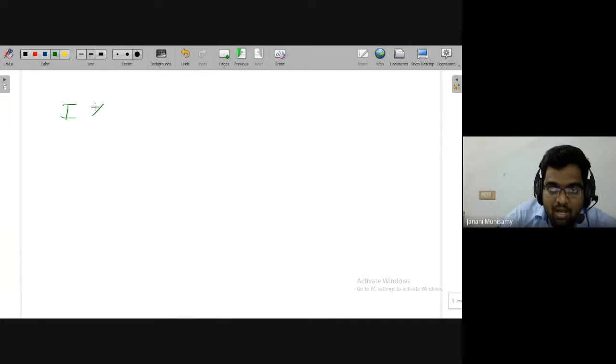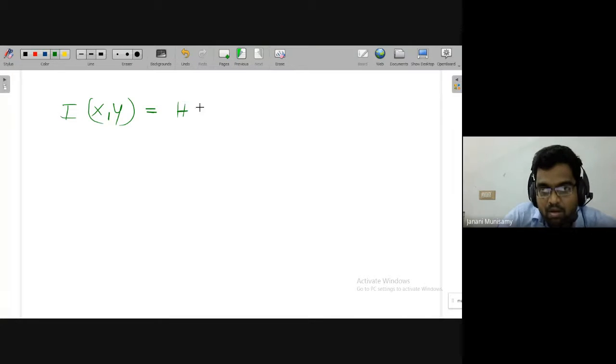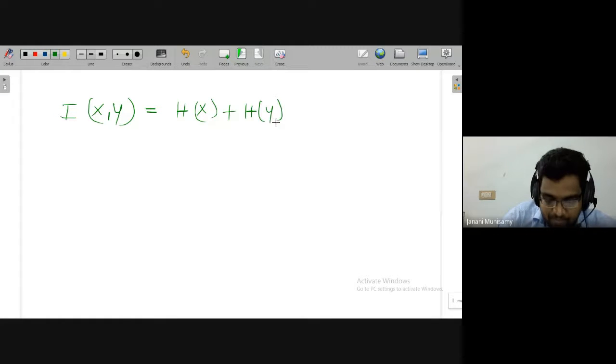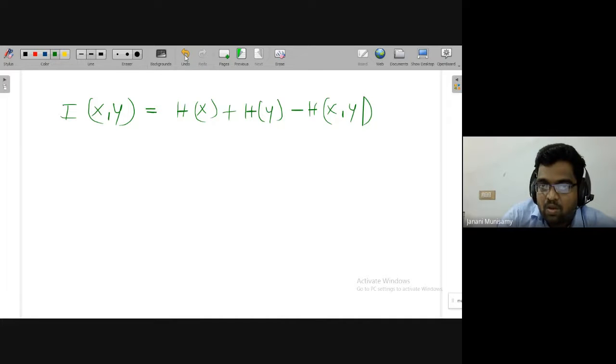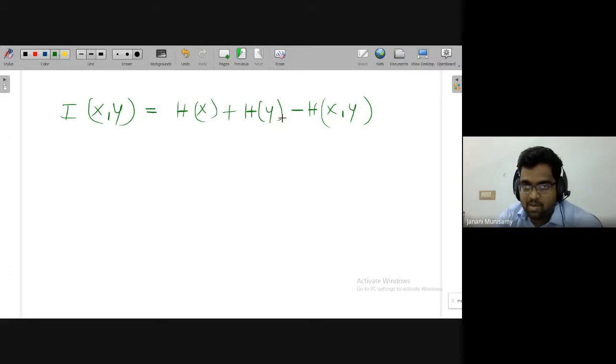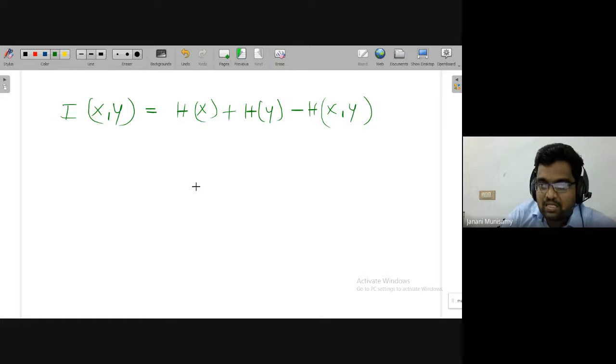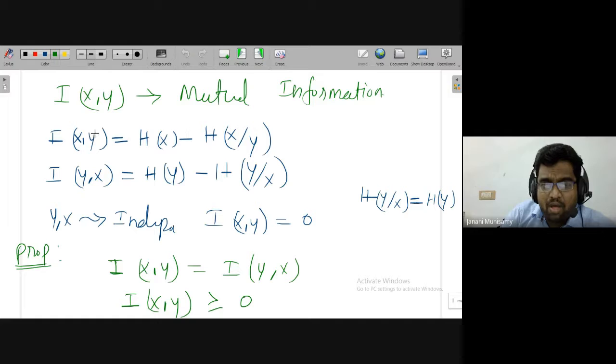Then I of x, y we can relate with the joint entropy: I of x comma y is equal to h of x plus h of y minus h of x comma y. Instead of conditional entropy, here we are writing joint entropy. So for mutual information itself, I have written 3 formulas.